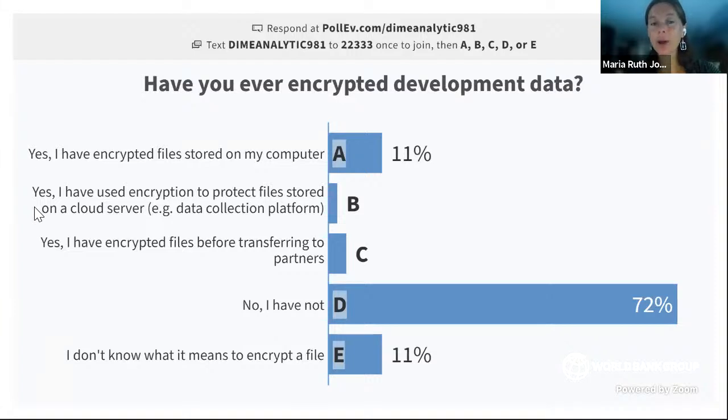It looks like most of you have not ever used encryption. So this is something that, again, I'll talk about the basics and principles of here, but we dive into more detail in the handbook, and then we have lots more detail available through the links that are provided there. For example, we link to our GitHub repository, where we have the specific implementation details that we use within DIME that we're happy to share.